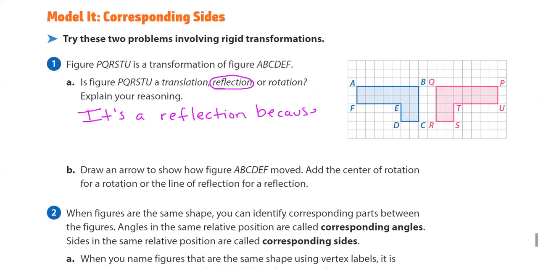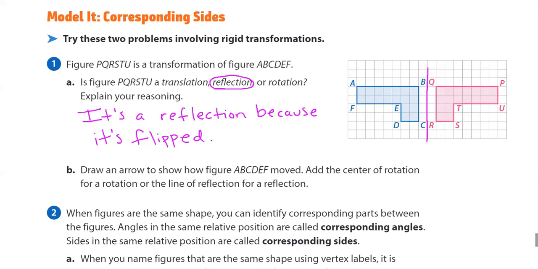You could even get fancy and say the reflection because it's flipped over the line of reflection, which was right in the center. The reflection because it's flipped across a line of reflection.